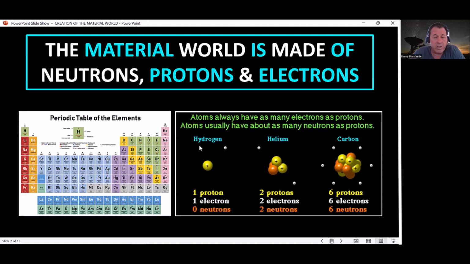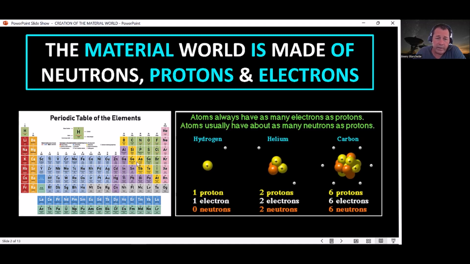makes up the stars that we see in the sky at night. The helium, also present in stars, is made of two protons, two electrons, two neutrons. And the atom of carbon, which is essentially the foundation of organic life, is made of 6 protons, 6 electrons, 6 neutrons.